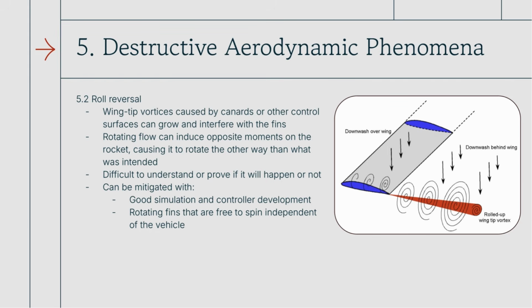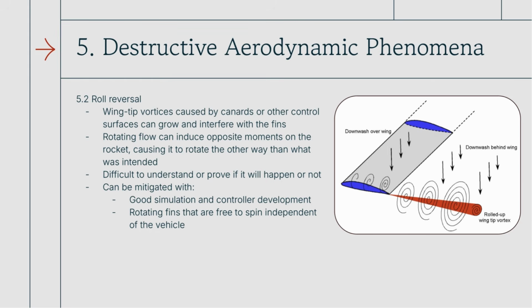And what that can do is, if you have your canards in front of your fins, that rotational flow can impact the fins and cause the fins to rotate the opposite way. So essentially, you're commanding your active control system to rotate the vehicle one way, and instead you get opposite rotation.